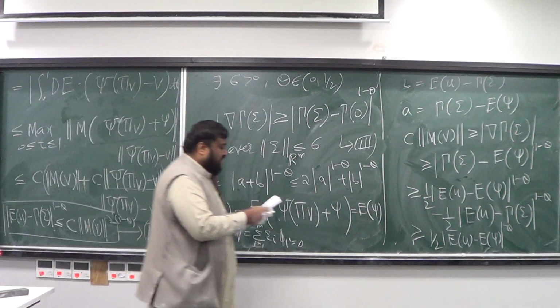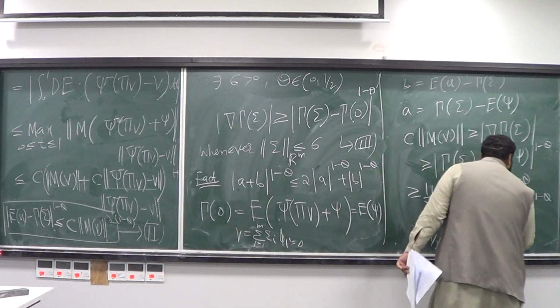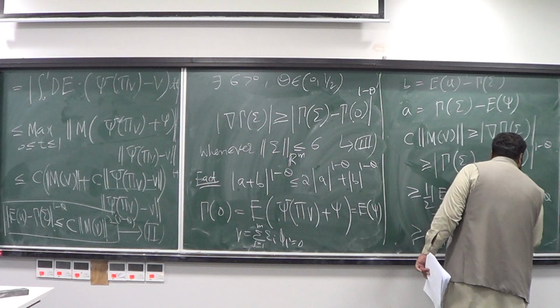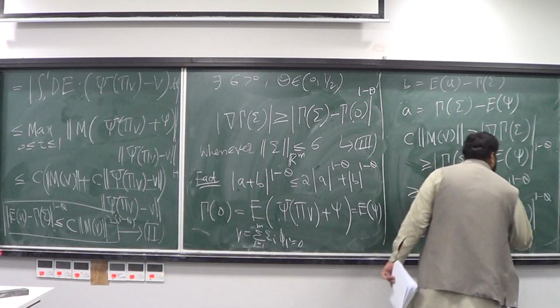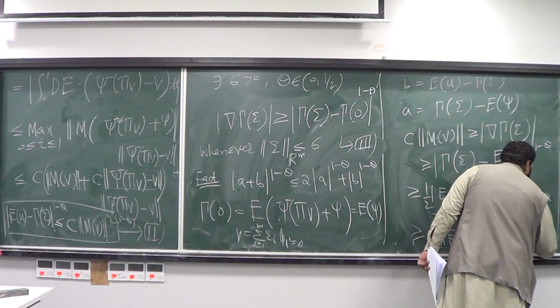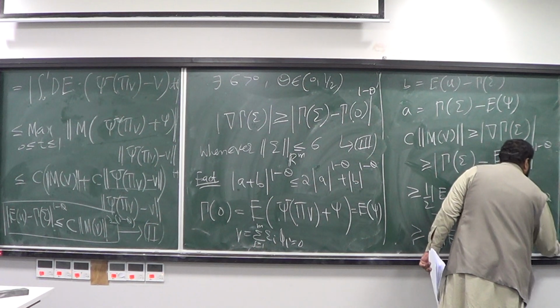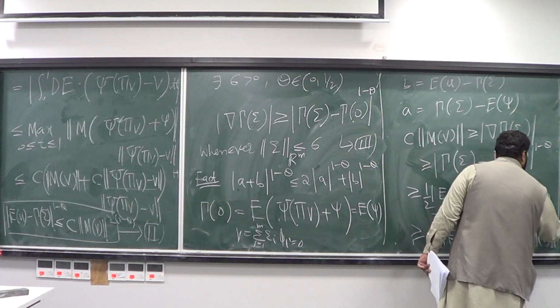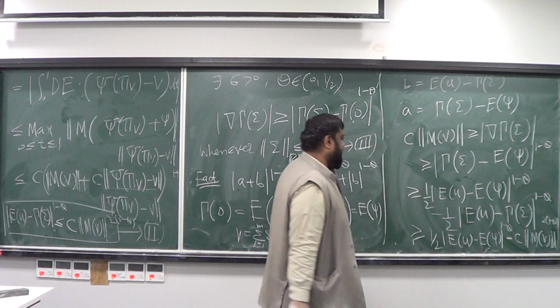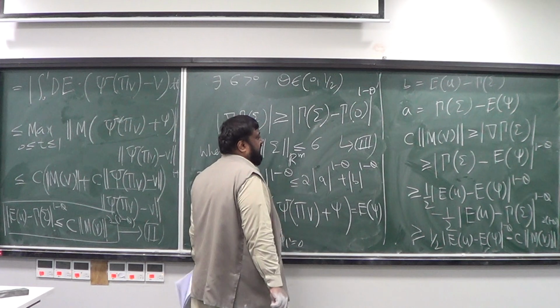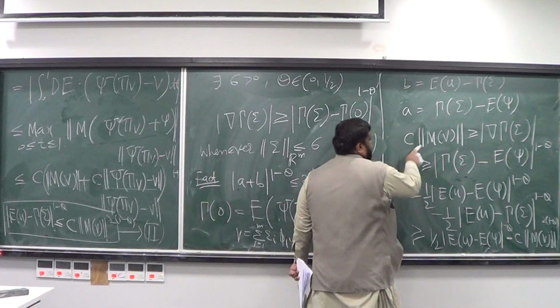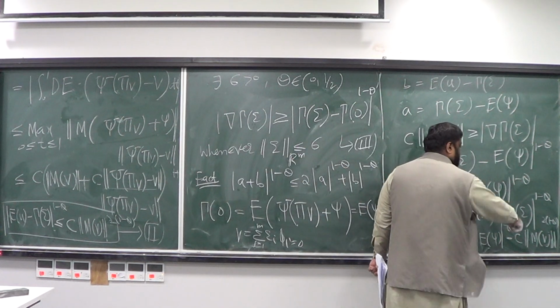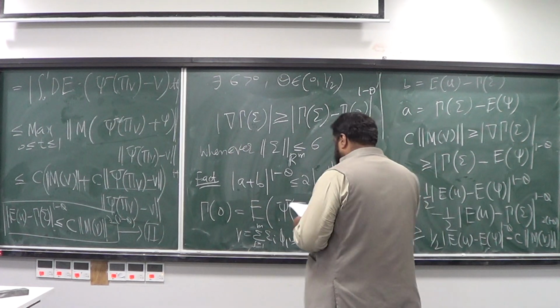So you're going to get minus a constant c multiplied by m of v power 2 times 1 minus theta. This is what you're going to get.